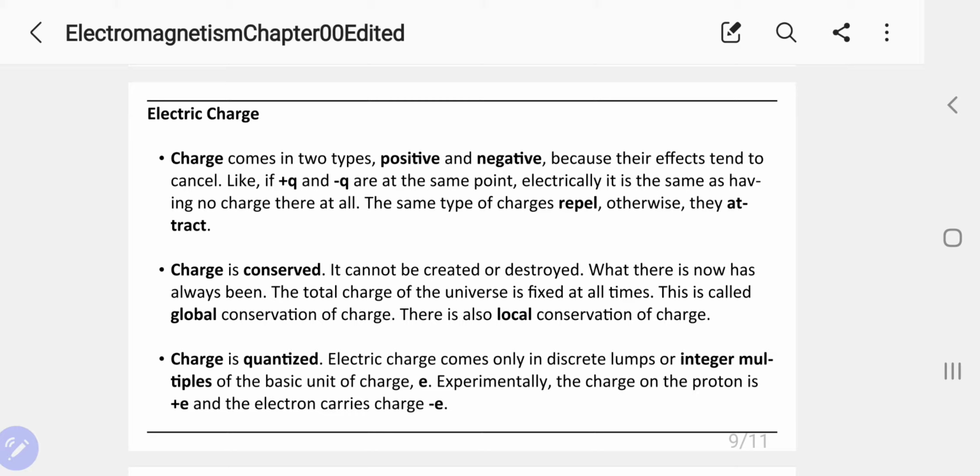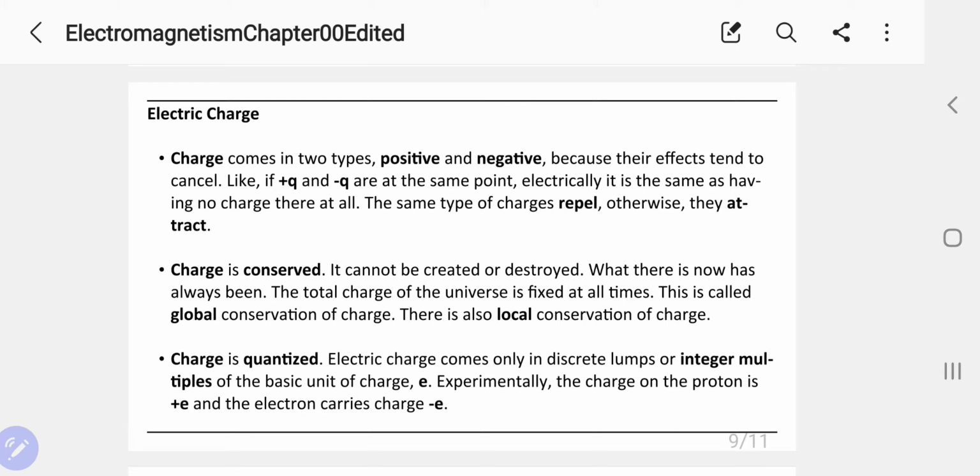So if a positive and a negative charge are at the same point, electrically it is the same as having no charge at all at that point. The same type of charges repel, while two opposite sign charges attract.